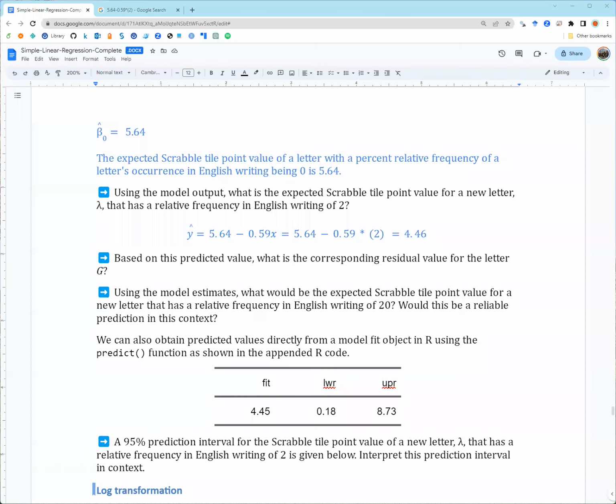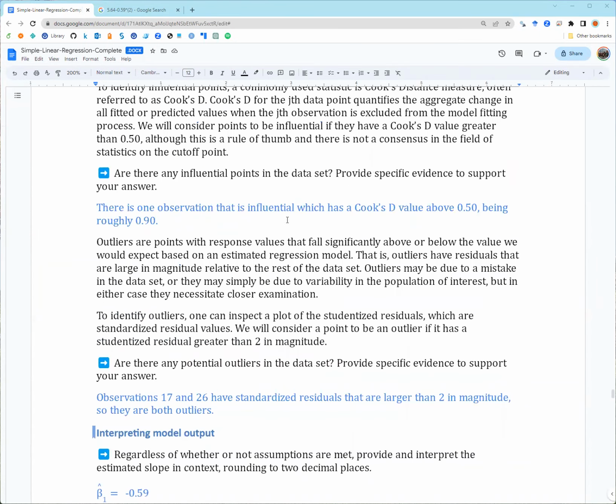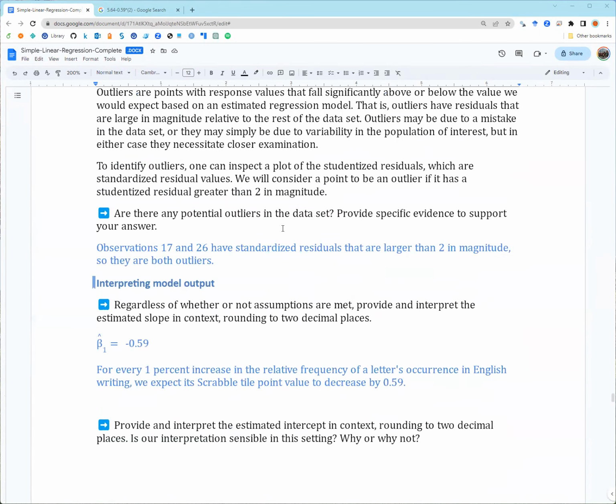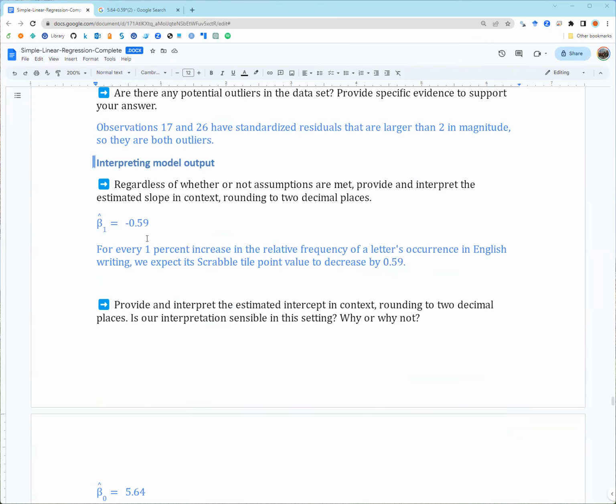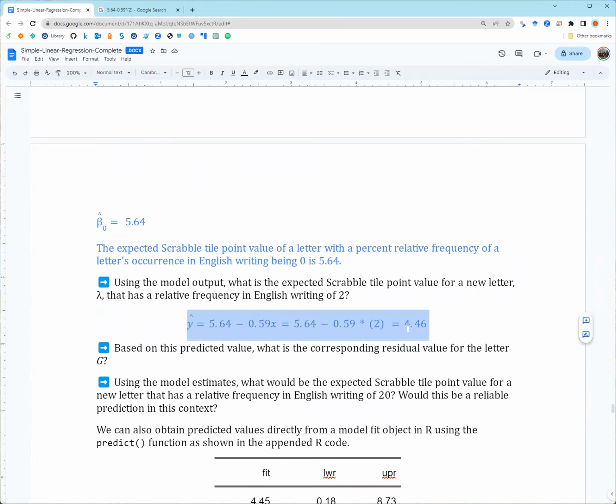Okay, so let's pick back up there. The video cut out a little bit there, but we were talking about interpreting the slope, interpreting the intercept, and then getting a predicted value. So we got this predicted value for a new letter that has a percent relative frequency of 2.